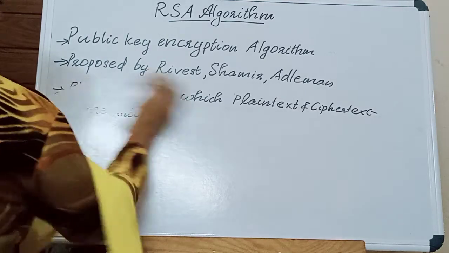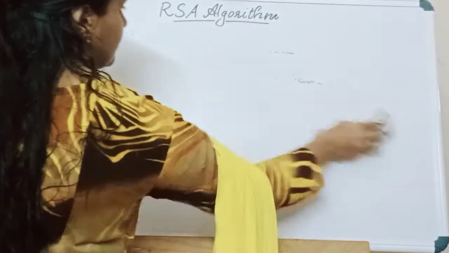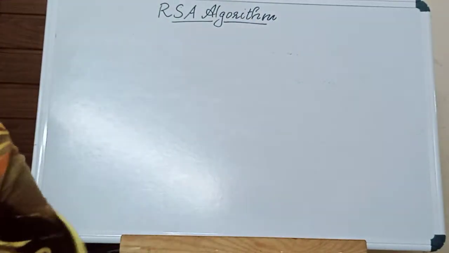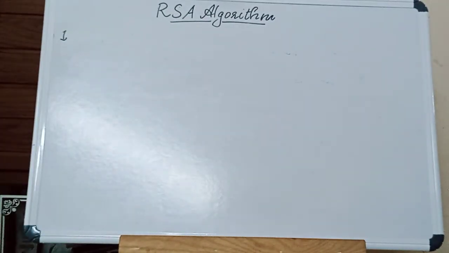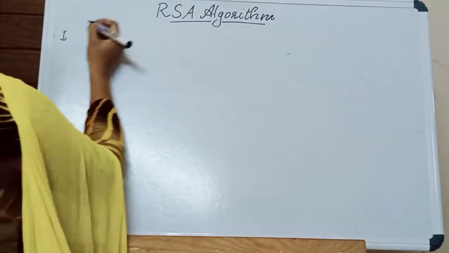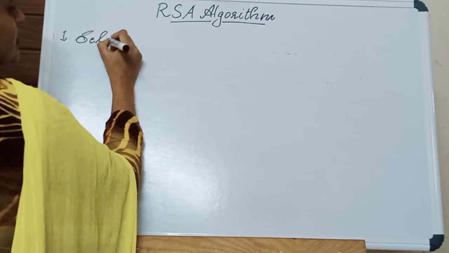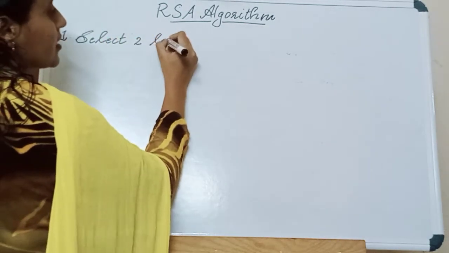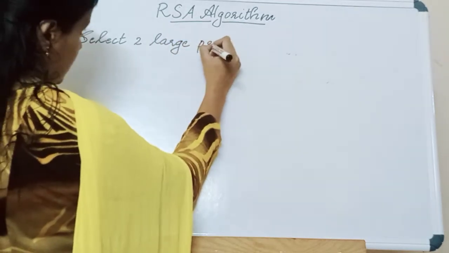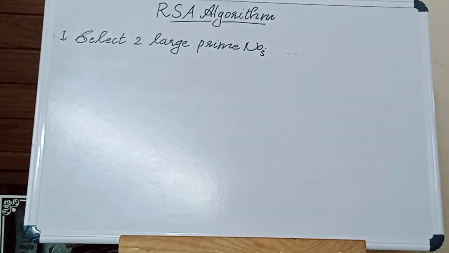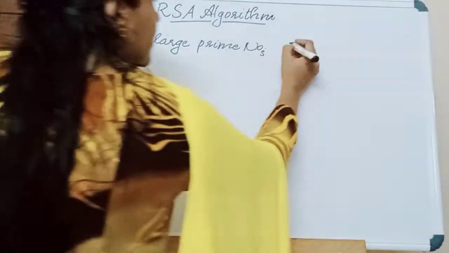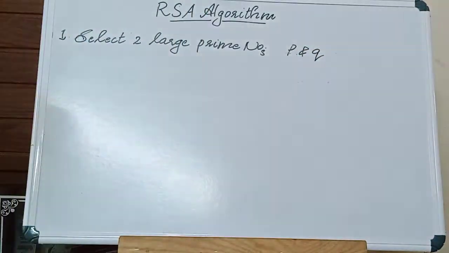The first step is to select two large prime numbers. Assume these two numbers are P and Q.